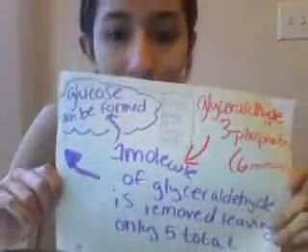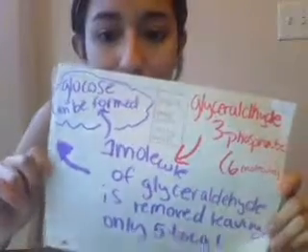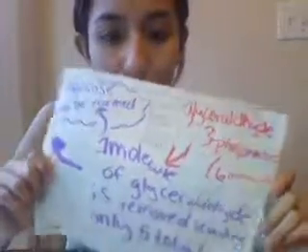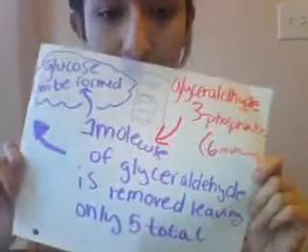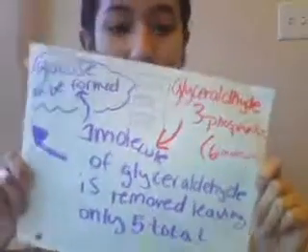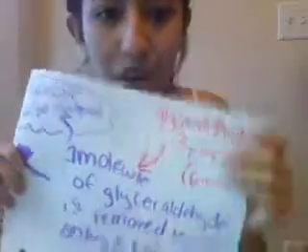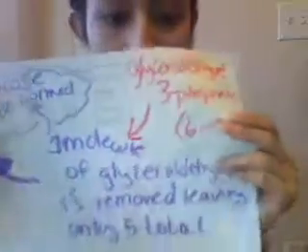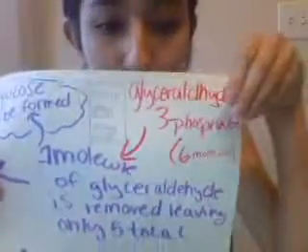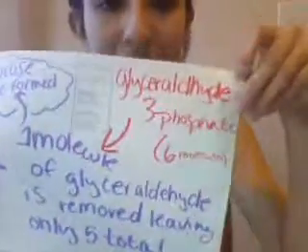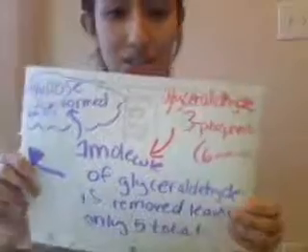That glyceraldehyde 3-phosphate that we just talked about, there were 6 total molecules. But now we're going to lose 1 molecule of glyceraldehyde 3-phosphate, and it's going to be removed. So now we're just going to have 5 total. What's going to happen to this molecule? Well, glucose can be formed, but not just glucose. We can also form sugars, amino acids and fatty acids. So, is this it? Nope, we still got some more left.